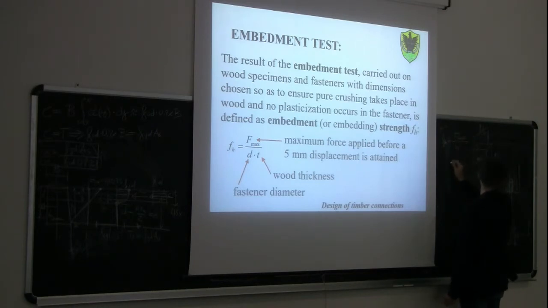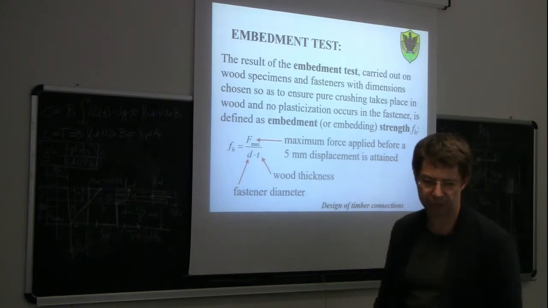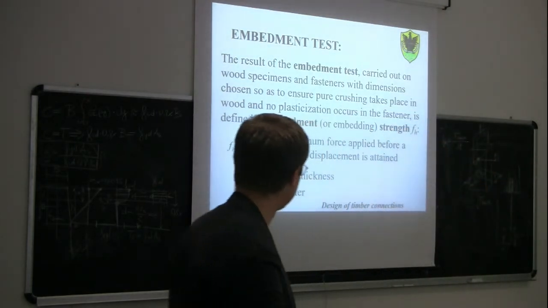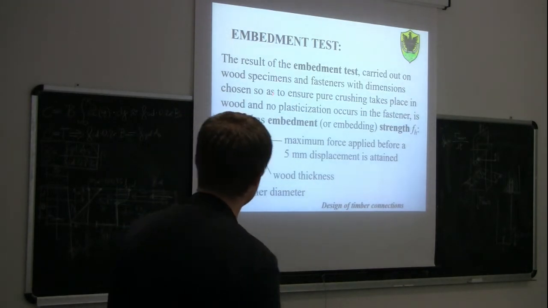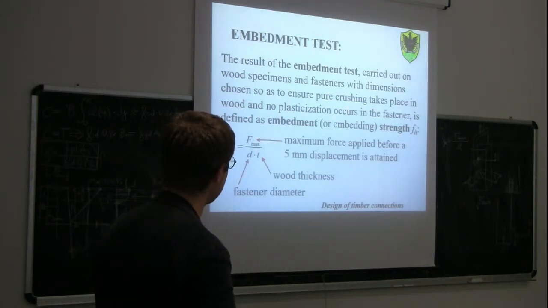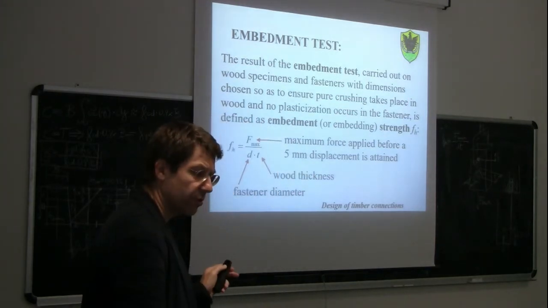This is the failure with the kind of ductile failure, this one. There is no plasticization in the fastener, only the wood. This is a failure mode where the fastener stays elastic.